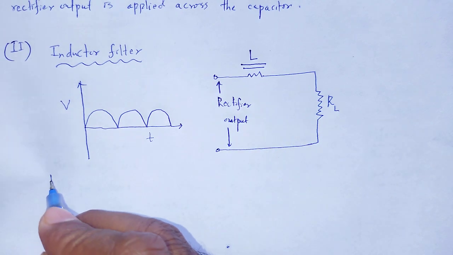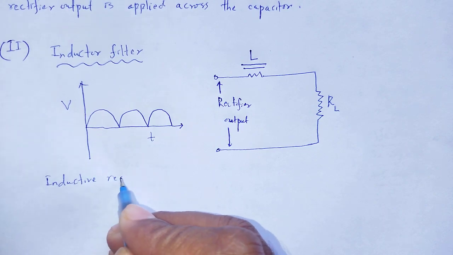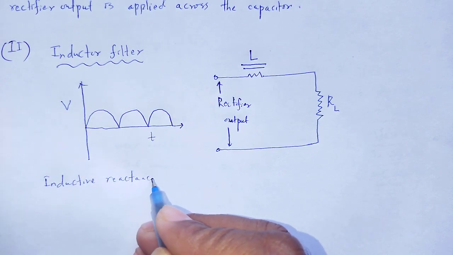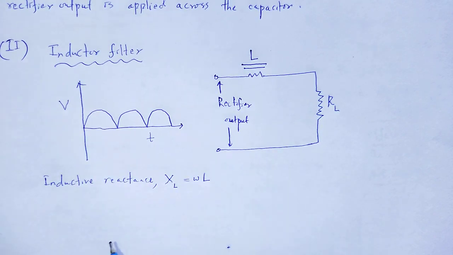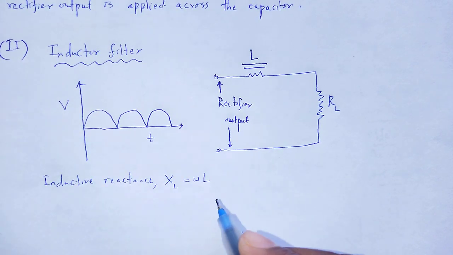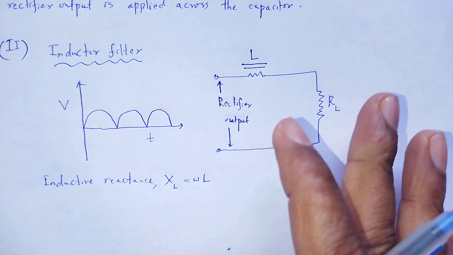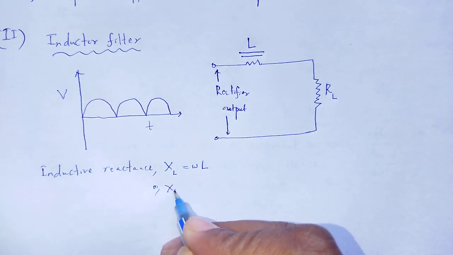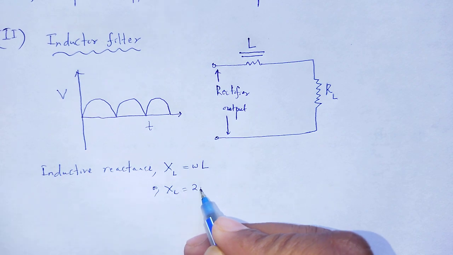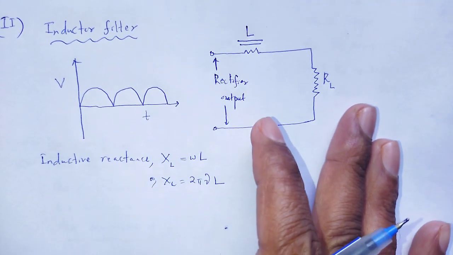As we know, inductive reactance XL is equal to omega L, omega is the angular frequency of current, L is the inductance, or XL is equal to 2 pi nu L, where nu is the frequency.